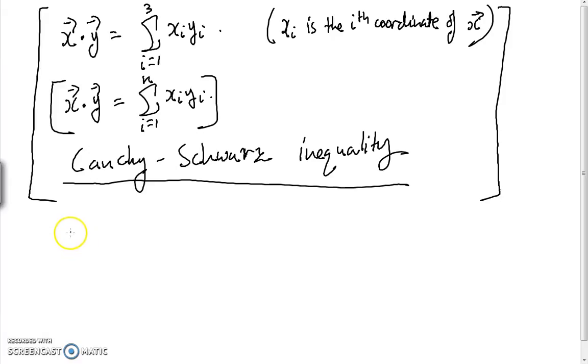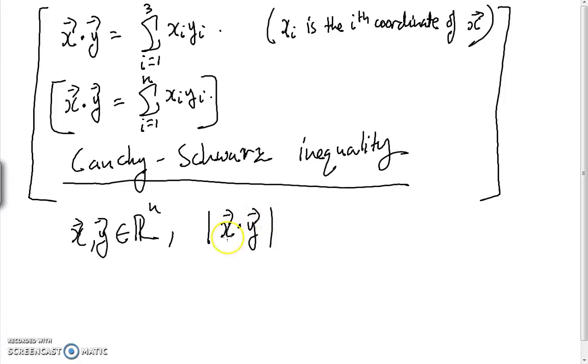Basically what the inequality says is if we have vectors x and y in Rn, then the magnitude of the dot product of x and y, remember the dot product of x and y is also a scalar, is always less than or equal to the magnitude of x multiplied by the magnitude of y. This multiplication is, again, just scalar multiplication. So we'll prove this, and this is quite a standard proof. You'll be able to find this on the internet.